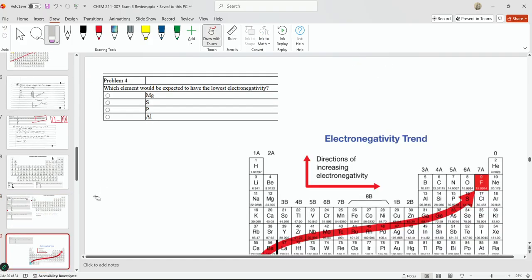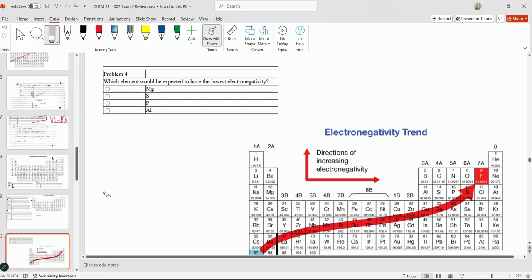Okay. This question is asking which one has the lowest electronegativity. It's basically the same as ionization energy, just going from bottom to top. I didn't try to explain it too much, but just by looking at the chart, which one would have the lowest electronegativity?